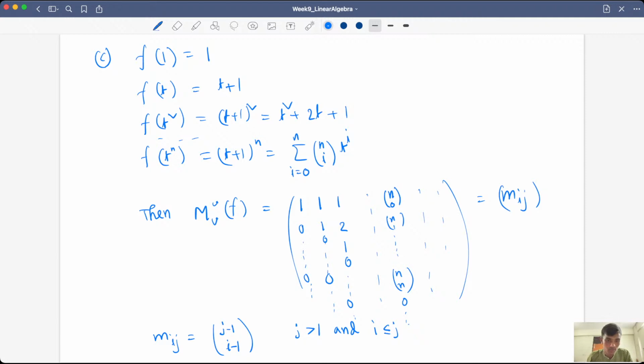Right? And for this one, when j is greater than 1, i is this, and m11 is 1, and mij equals 0 otherwise.